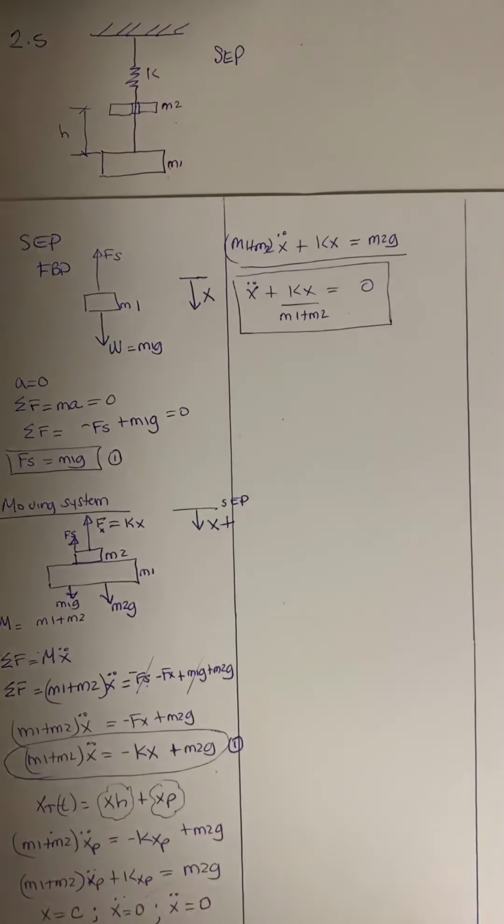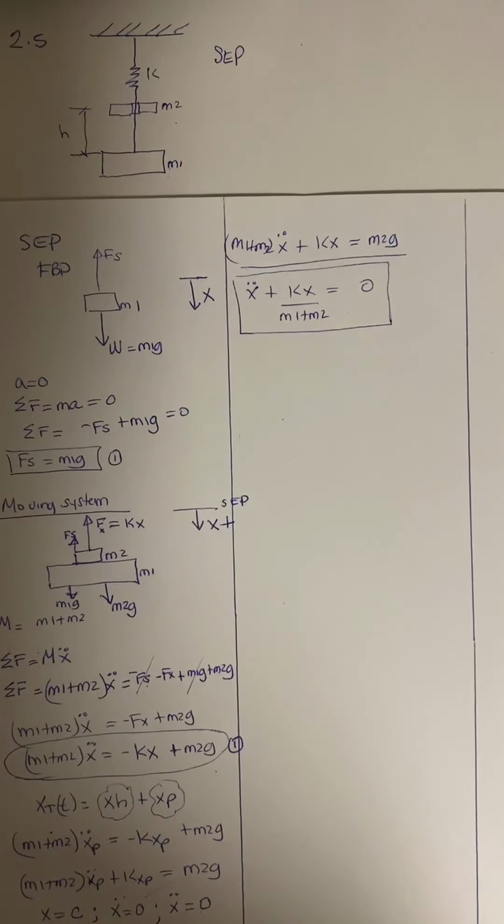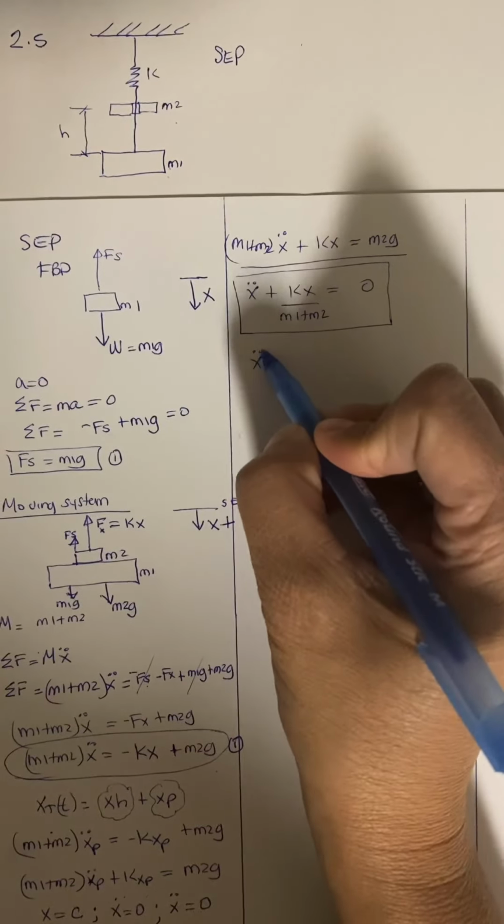Now, let's compare this equation to the characteristic equation of a free vibrating system with no damping. That equation is of the following form.